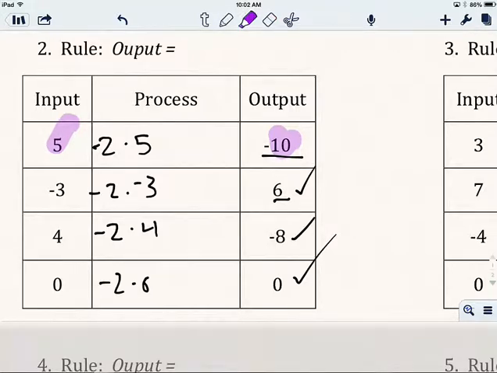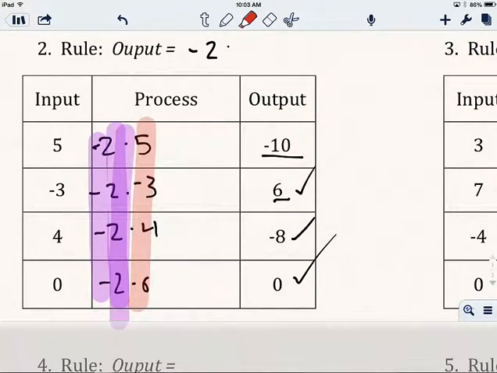And when you write your rule, what you can notice is that there are several things that are in every single row here. -2 times is in every single row, which means that has to be a part of the universal process. -2 times, and then I have a set of things that are changing here. I have 5, then -3, then 4, then 0, and those come straight from my input column.